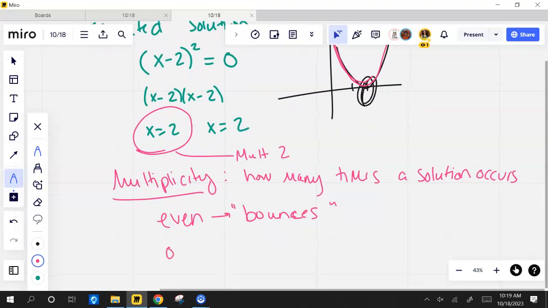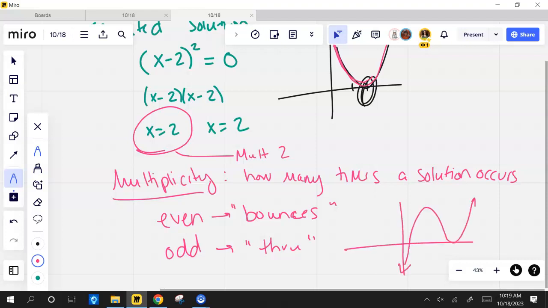Now, if that multiplicity is odd, that tells me that I go straight through. So if the multiplicity is 1, it only happens once, or 3, or whatever it is. This one would have odd multiplicity because see how it goes straight through?